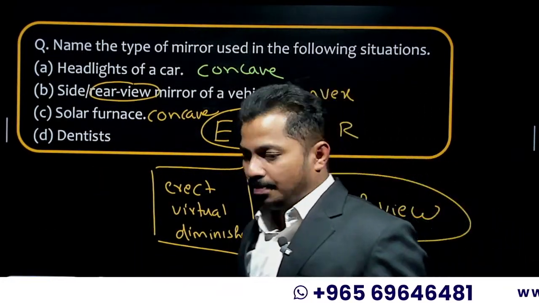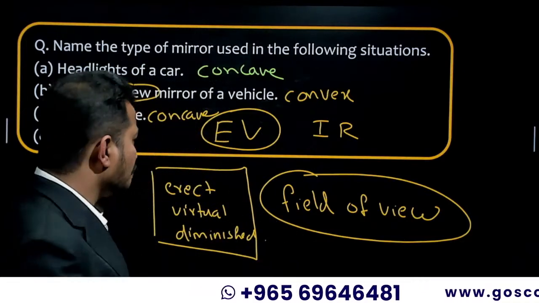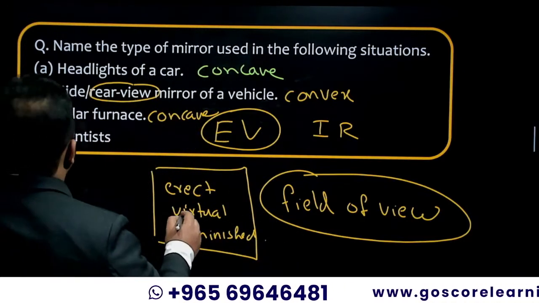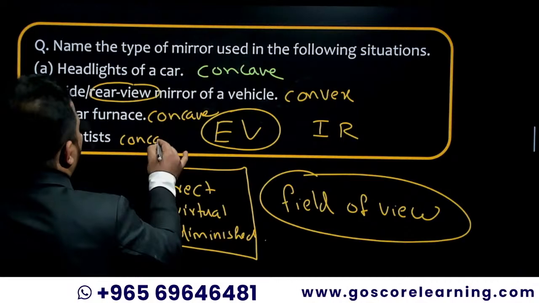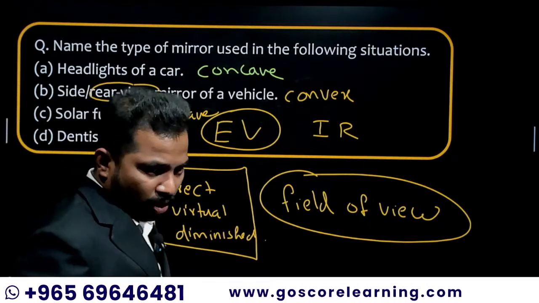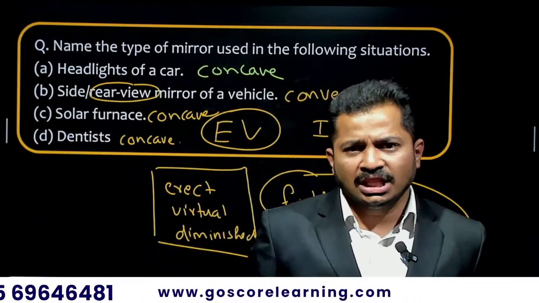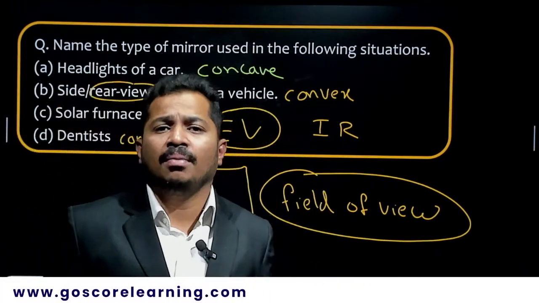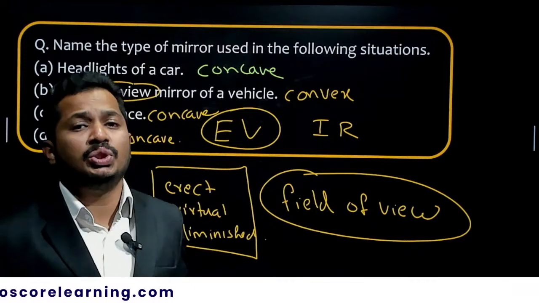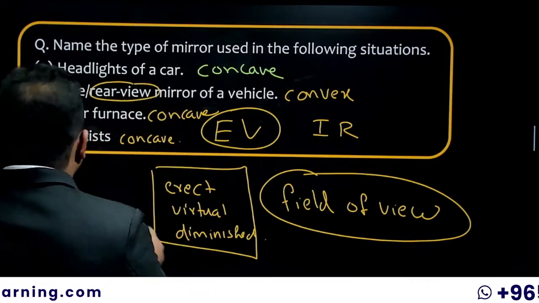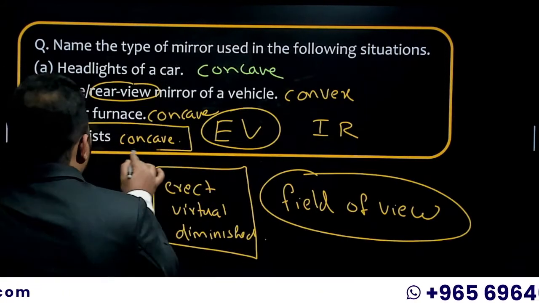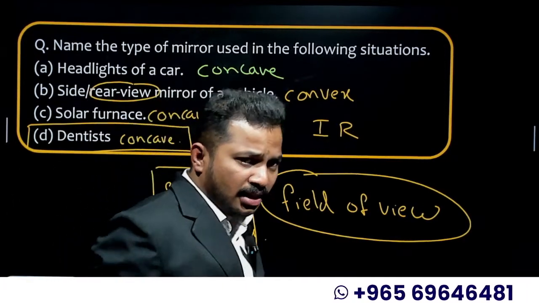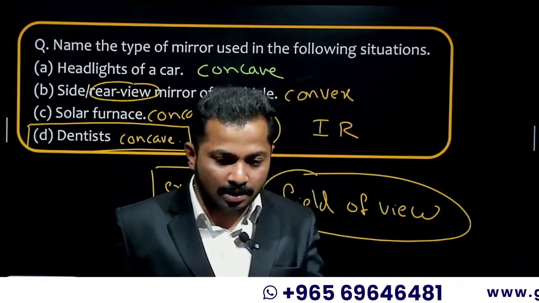Then dentist mirror. You know that dentist mirror is also concave. For what position of the object? The object should be placed within the focus of a concave mirror, only then will you get an enlarged virtual image. In the case of a dentist mirror, what is the object? Our teeth.